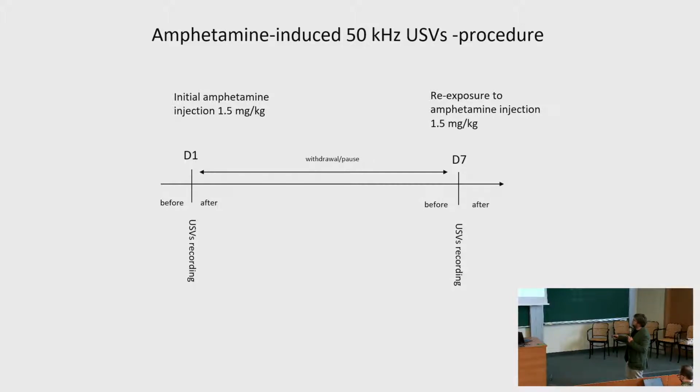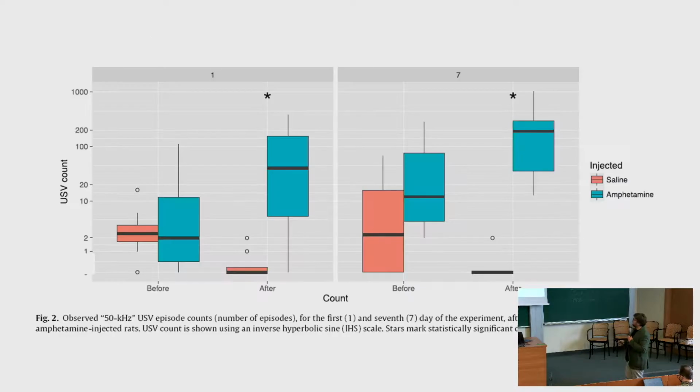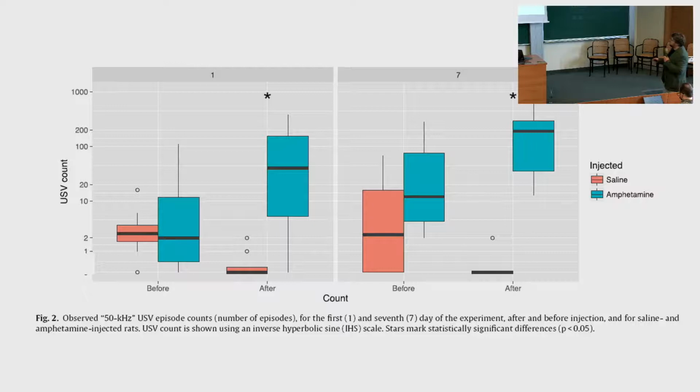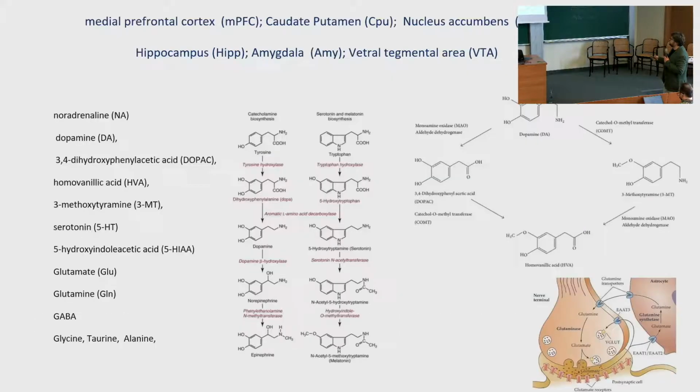So we recorded the ultrasound before and after injection on day 7 and day 1. Here are the results of the ultrasound. This is the number of episodes. You can see that amphetamine induces ultrasonic vocalization in the 50 kilohertz band.